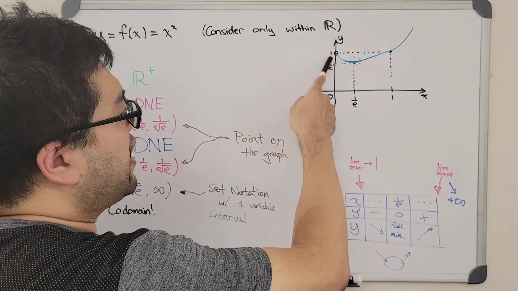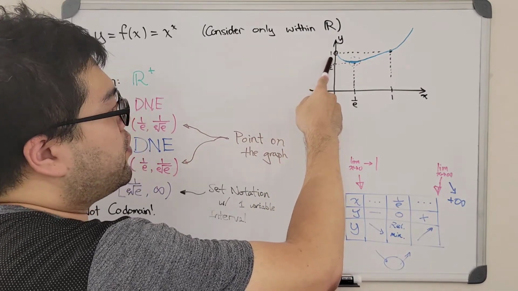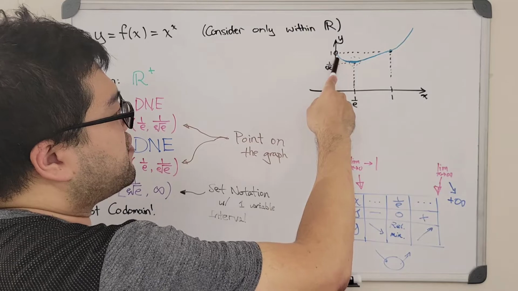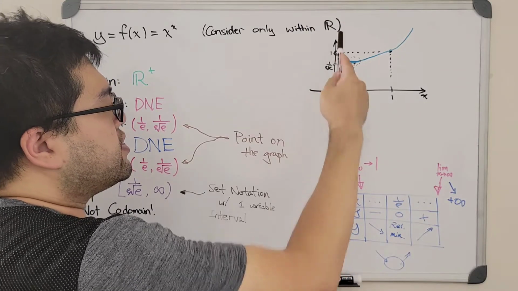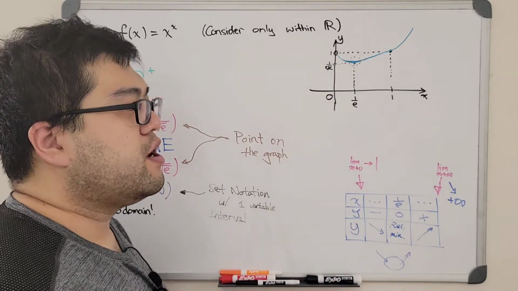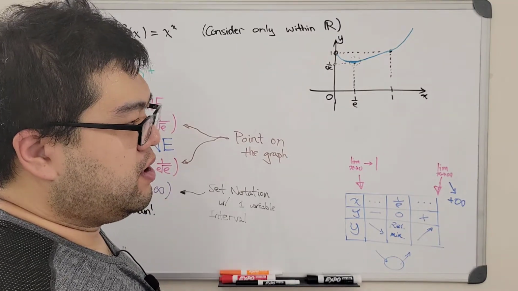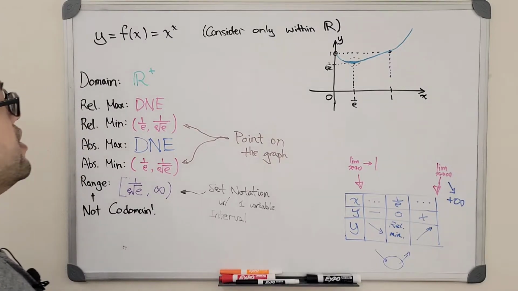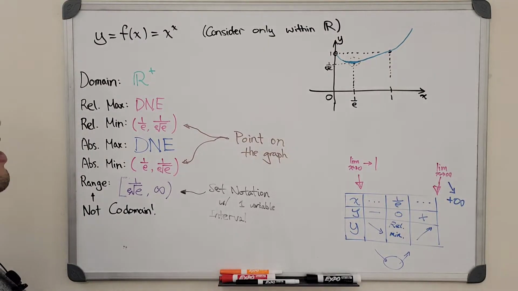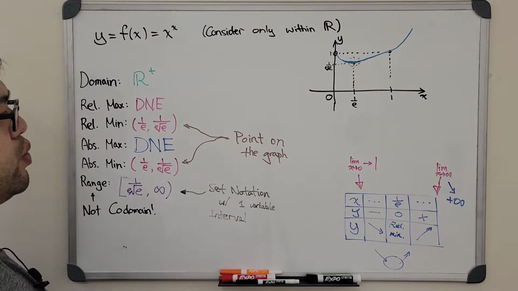We can only have x approaching 0, but we cannot choose any positive value either, because no matter what positive value we choose, the y value will end up higher than what we chose.